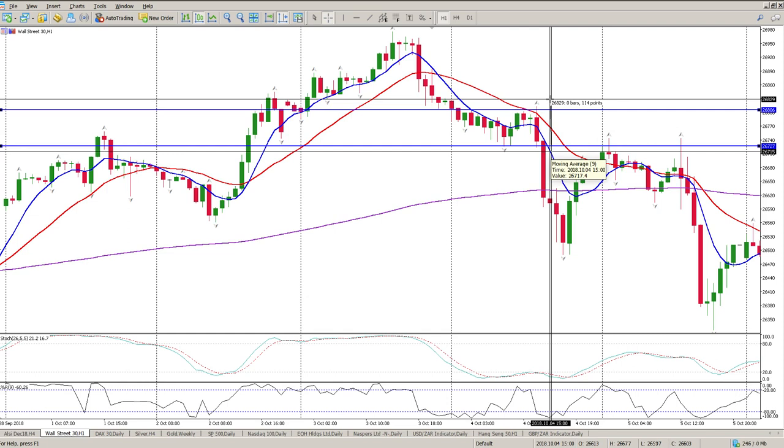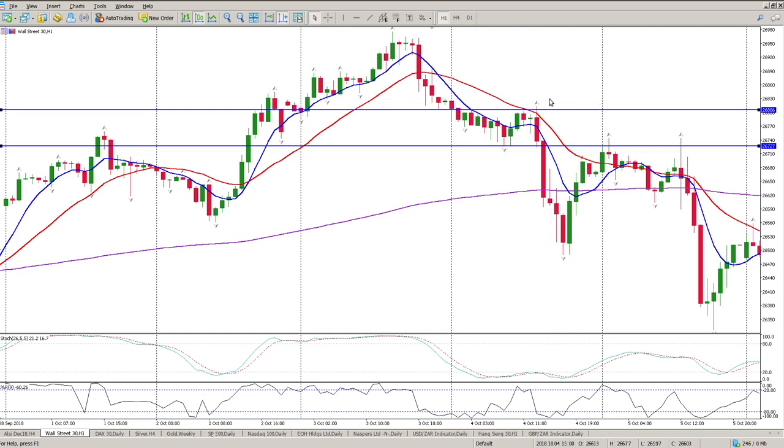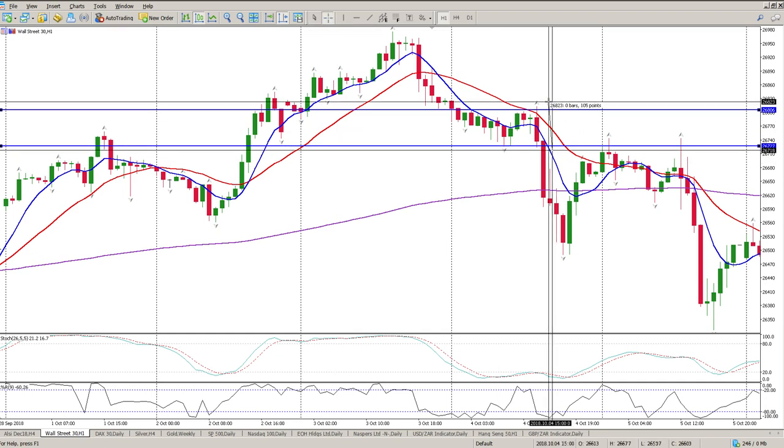Now, if you have 1,000 Rand or $1,000 in your trading account, that basically means you do not want to risk more than $20 or 20 Rand on that trade. So that 105 point trade basically means that whatever size contract you're trading, the total risk there cannot be more than 20.